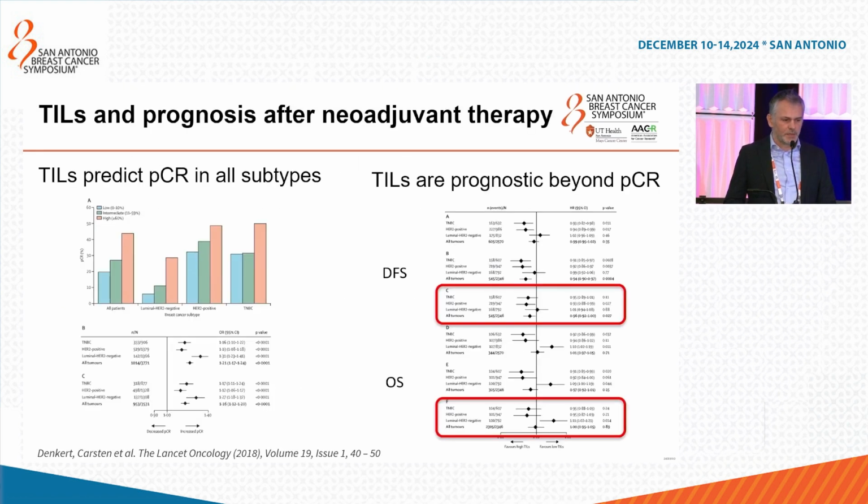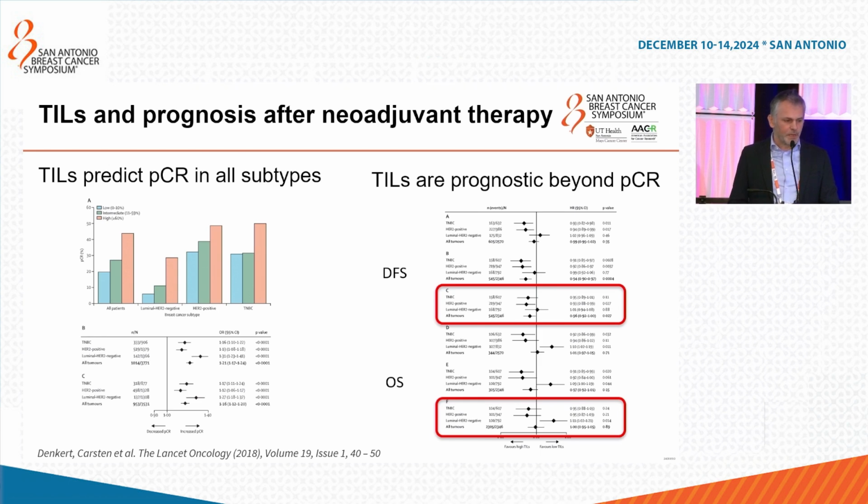To put this in context, I think we have to consider this cardinal publication, published a few years ago by Dr. Carsten Denkert and colleagues at the German Breast Group. In this study, they took biopsies from more than 3,000 patients treated with neoadjuvant chemotherapy in 6 different trials in the German Breast Group, and evaluated TILs.